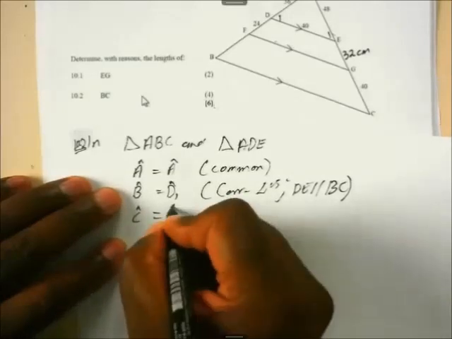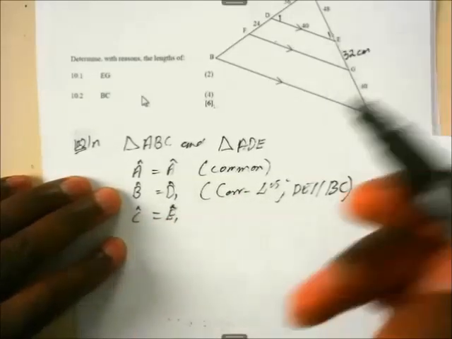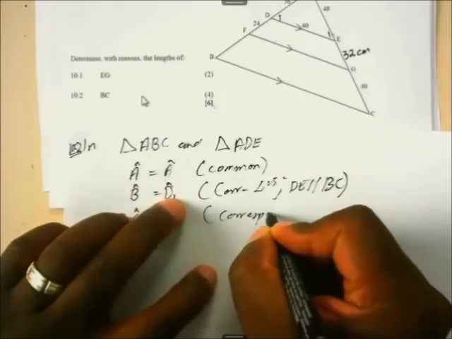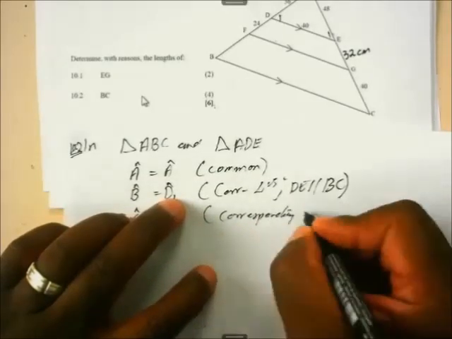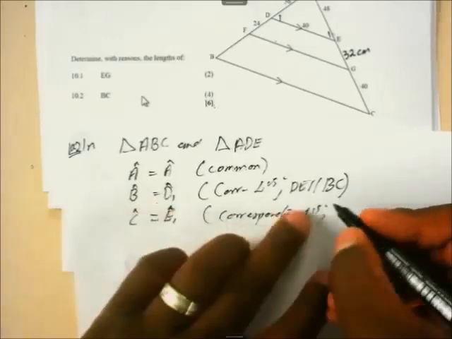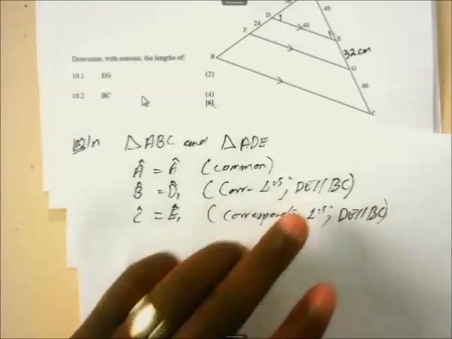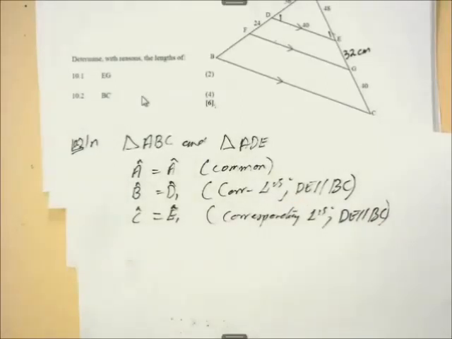Why are they equal? Because these are also corresponding angles, where DE is parallel to BC. Therefore, the two triangles are equiangular, and if they are equiangular, then the two triangles are similar.